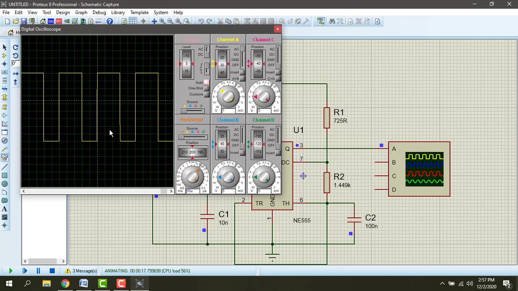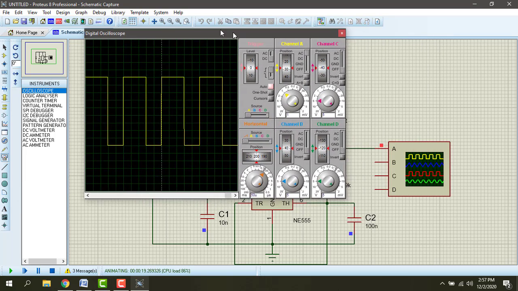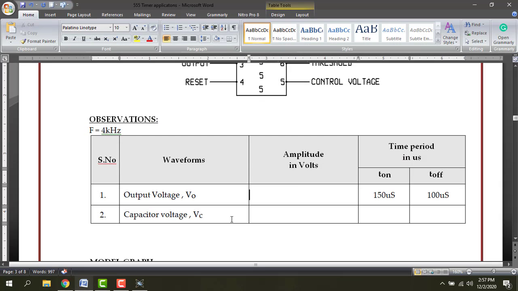So 1, 2, 3, 4, 5, 6, 7, 8, 9. Exactly the voltage is 9 volts. Because we gave a supply voltage, our battery voltage is 9 volt. So amplitude is 9 volt. So the reading should be verified. Our supply voltage is 9 volt. So the output amplitude is 9 volt only.